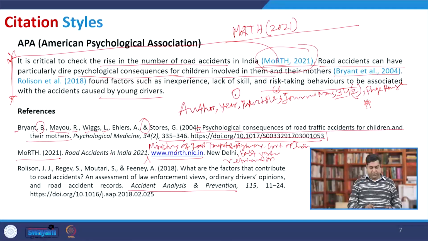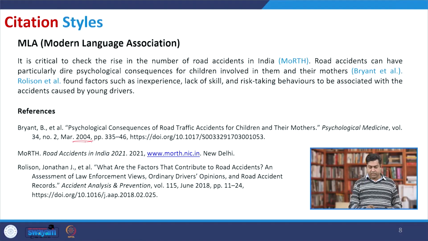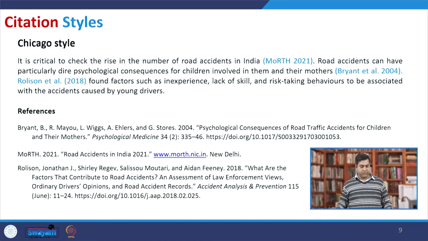In the previous one, you have the author, then the year of publication. Here it comes after the complete information of the journal, the volume, written in short abbreviation as volume 34 number 2, whereas earlier it was written as 34 2. Here we are not giving the full citation with all the authors. Okay, this is for the Modern Language Association.